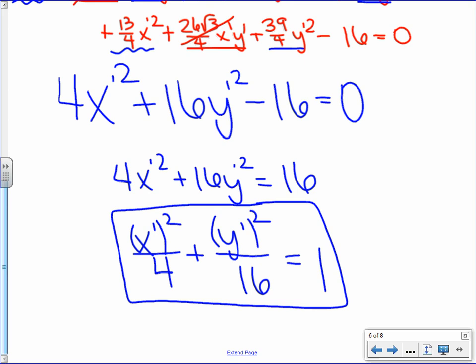So this is our standard form equation for our ellipse on a rotated axis. So tomorrow, yes? Would it be y prime squared? Oh, yes, that's what I meant. I'm sorry. Thank you. So tomorrow, we'll graph this on a rotated axis. Keep in mind this is x prime and y prime, so it's not like the xy coordinates that we're used to. We're going to do this on a rotated axis.